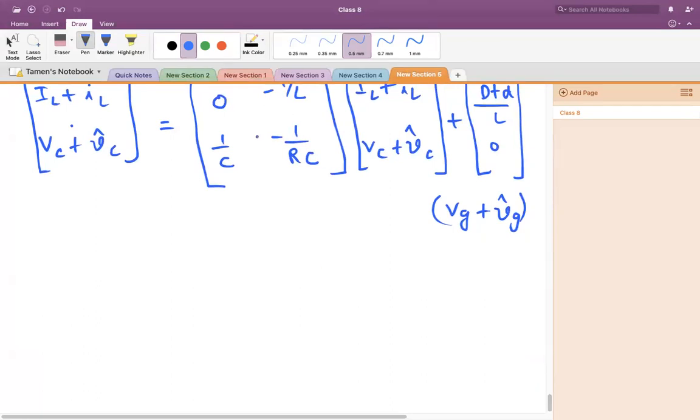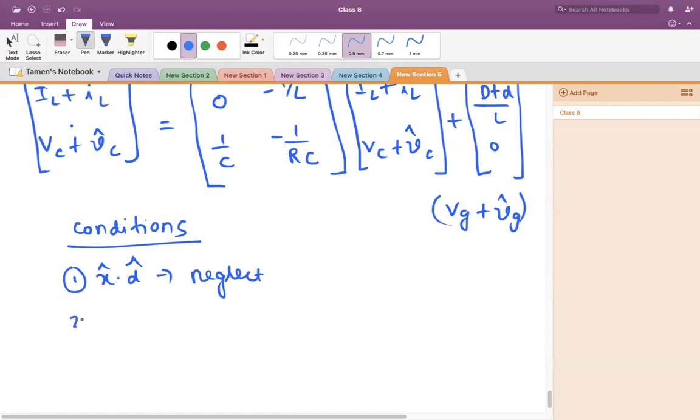Now, if we write it in the large signal model, we have to follow some conditions. The conditions are that whenever two small signals are multiplied together, then we can neglect it. That is the first condition.